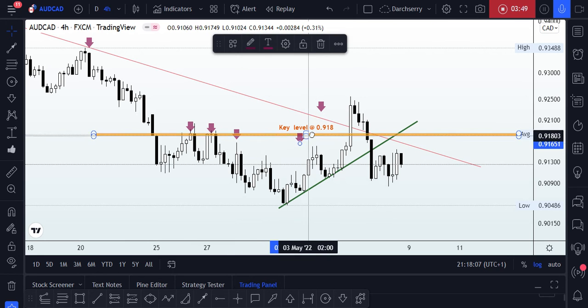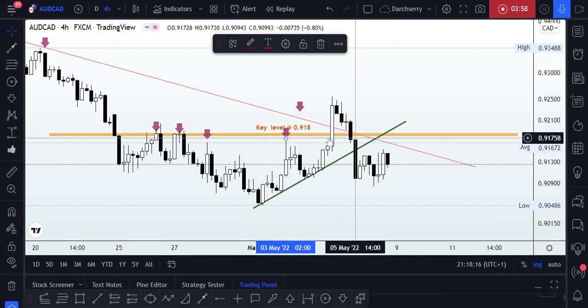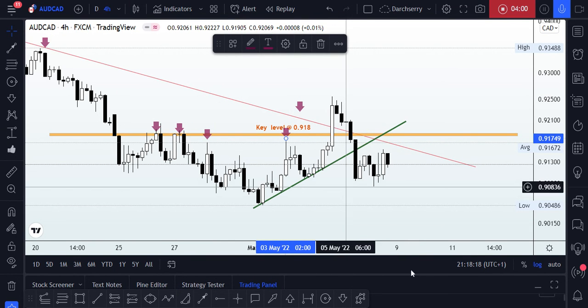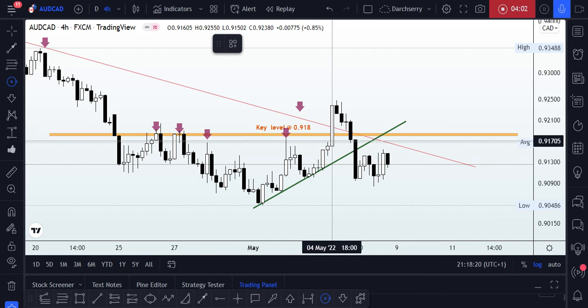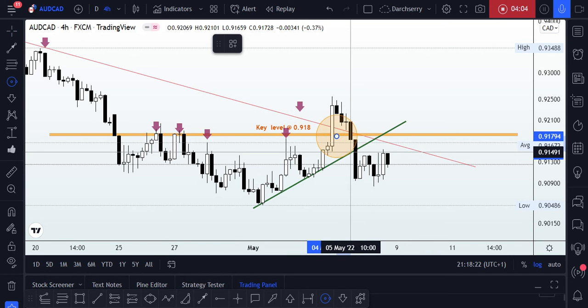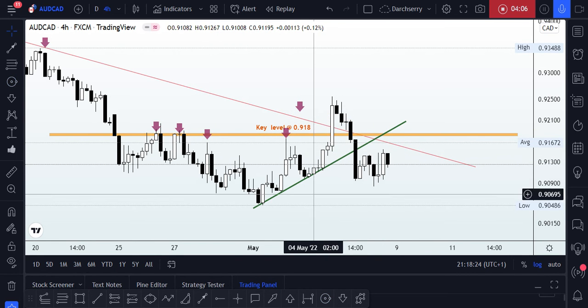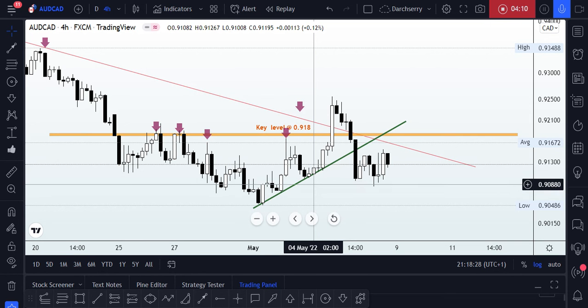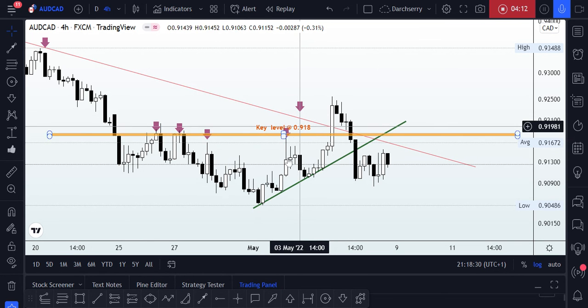We also had one in the beginning of the month, which looks more like a shooting star candle. Not until the 4th of May, during last week's trading session, we saw this breakout, which we are not sure is a false one or a signal that price is going to the upside.